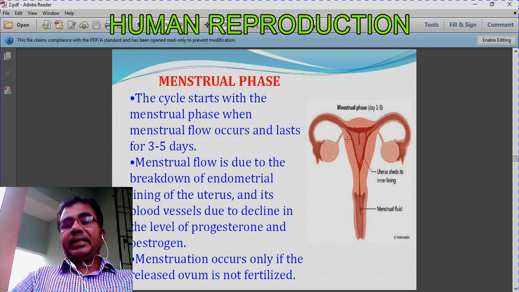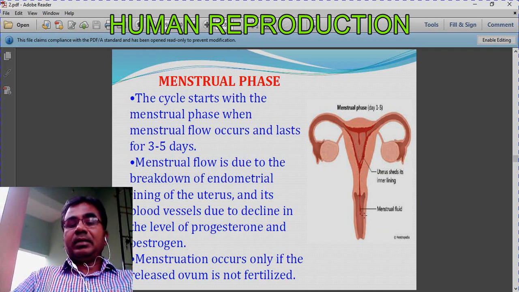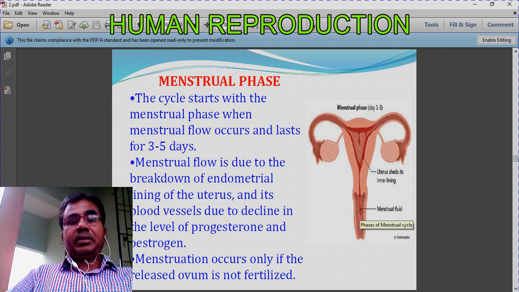Breakdown of the endometrium results in the breakdown of blood vessels in this area, so as a result there will be bleeding. That blood will be discharged through this opening, the vagina, as menstrual fluid. This is called menses. So this period is the menstrual phase.